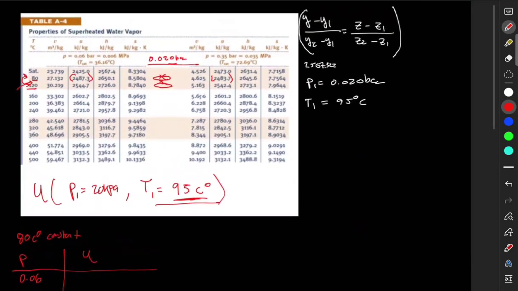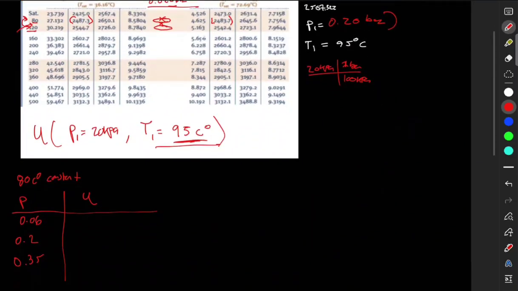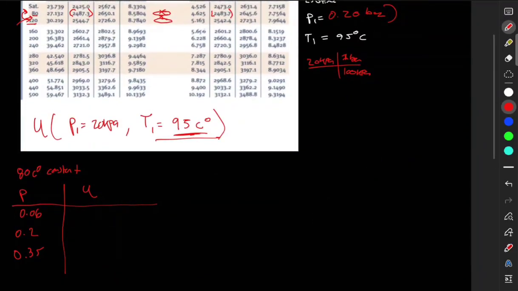This is 20. Mistake. This is bar. Make sure you check. This is 1 bar. Yep, this is right. Okay, that's what I thought. So as you can see, we're in the middle. Our first number here is 2487.3. Oh, make sure you write your units, kilojoules per kilogram, and this is bar. We don't know what this is.